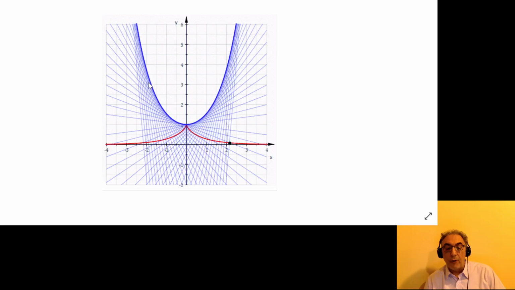You see in the picture that if you consider from any point of the catenary the tangent, this tangent will be a normal to the tractrix, and inversely, if you consider any point of the tractrix and you take the tangent at this point, the tangent will be normal to the catenary curve. So the roles of tangents and normals are inverted from the catenary to the tractrix.